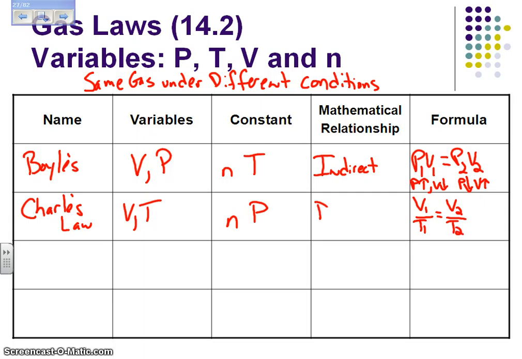This is an example of a direct relationship. What happens is as temperature increases, volume will increase, and as temperature decreases, volume will decrease.